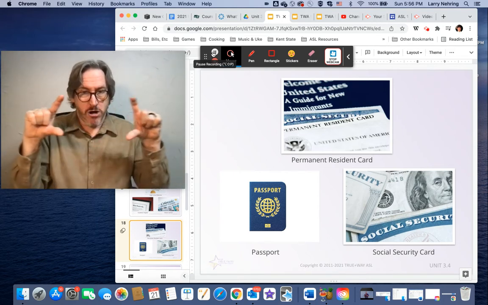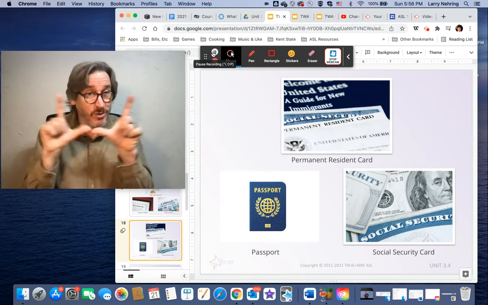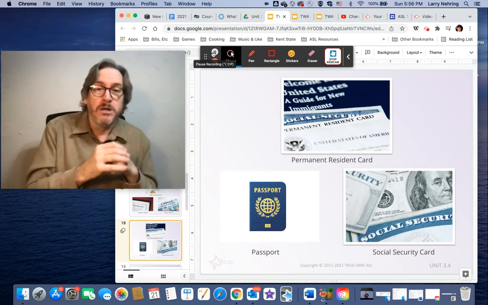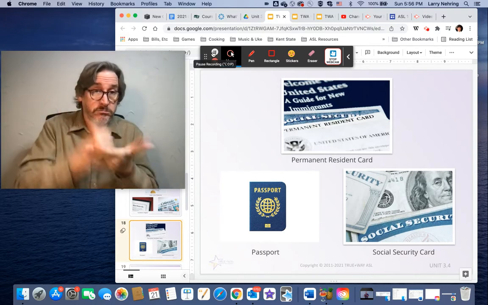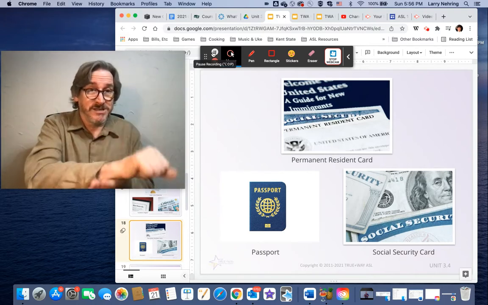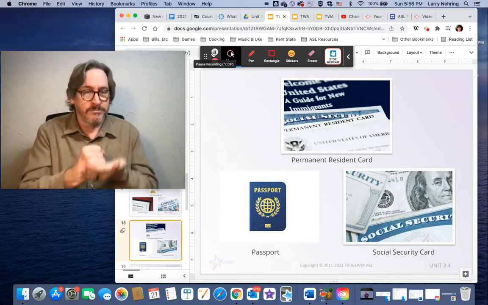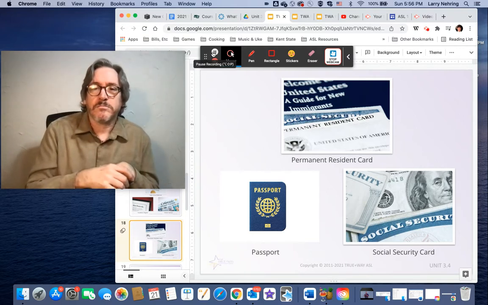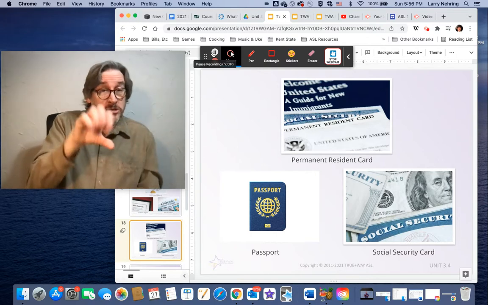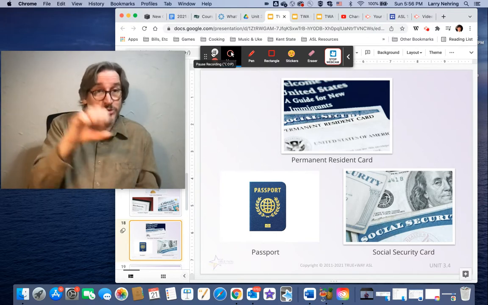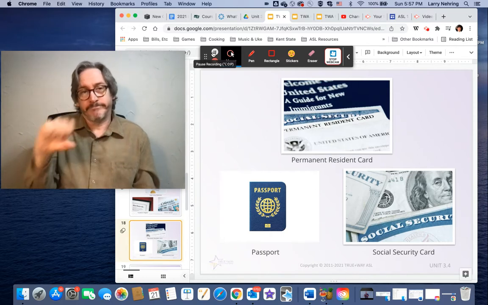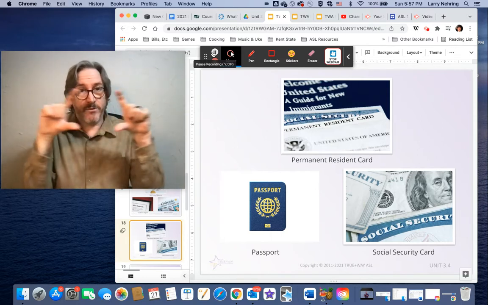And we will draw a rectangle as opposed to a license card. Passport. If you ever use your passport, they always stamp, right? Passport. Social security card. Social security, same as social studies. And again, we draw that card.